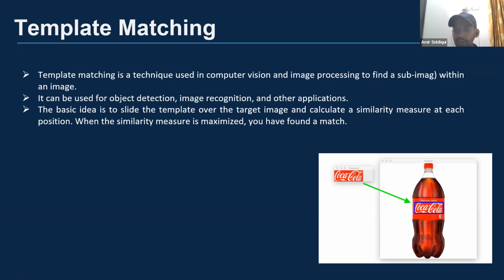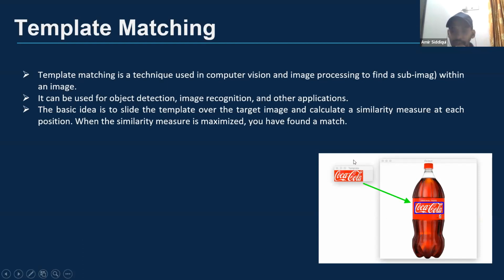In our country, we have different soft drinks. Maybe Pepsi is one of them that might be available in your country, and Sprite is available in my country. So there will be, let's say, 10 to 12 soft drinks here, not just one image of Coca-Cola. There will be 10 to 15 images of these soft drinks, and you will have just one template, and that template will have this Coca-Cola. Now you have to match this template against those 15 soft drinks.